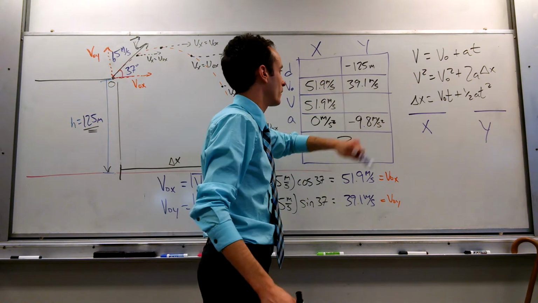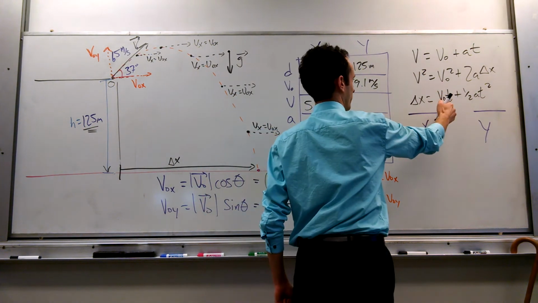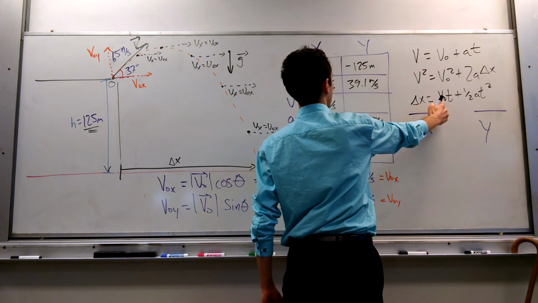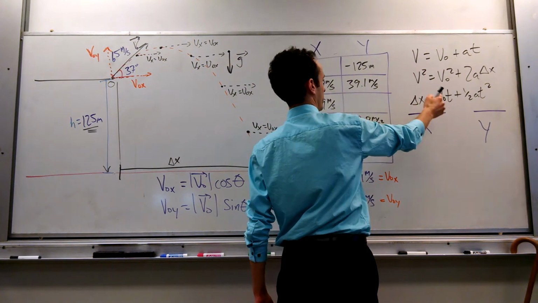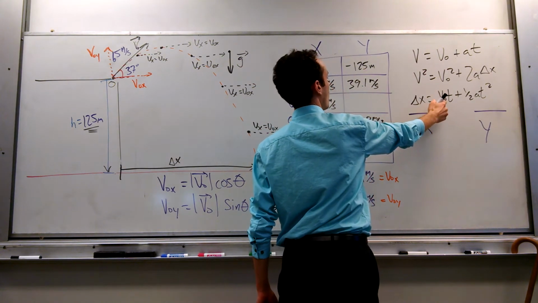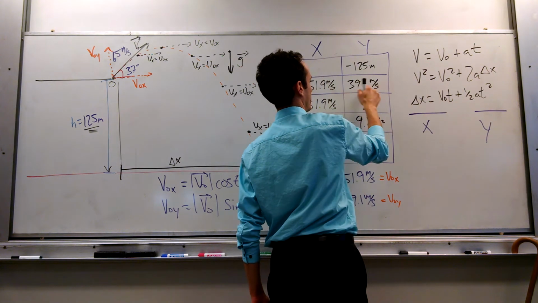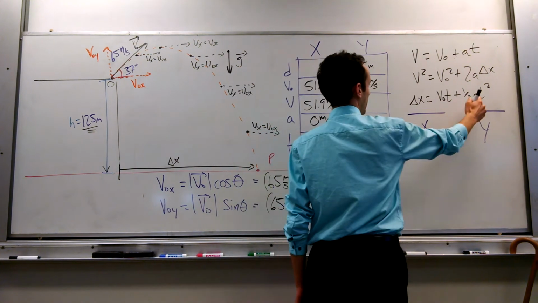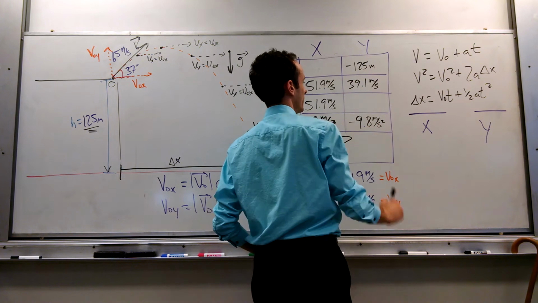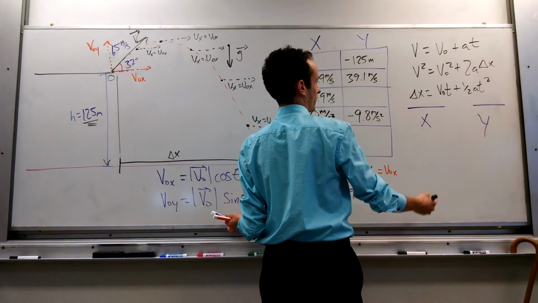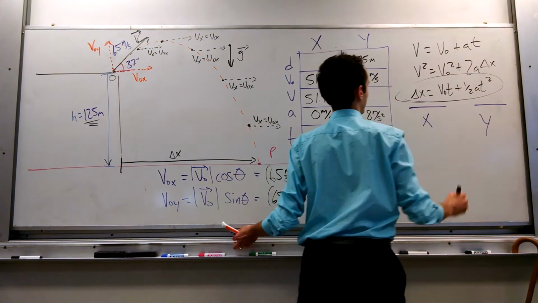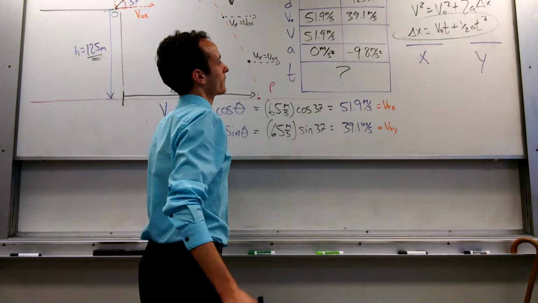So that's why the negative 125. The initial y component of the velocity is 39.1 meters per second. And I know my acceleration along y is negative 9.8 meters per second squared. So I'm going to use this.